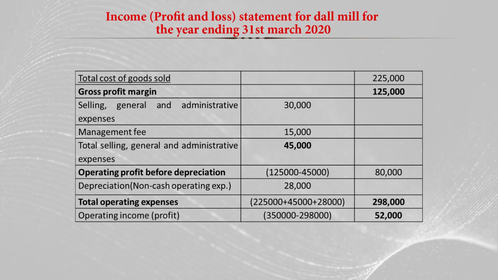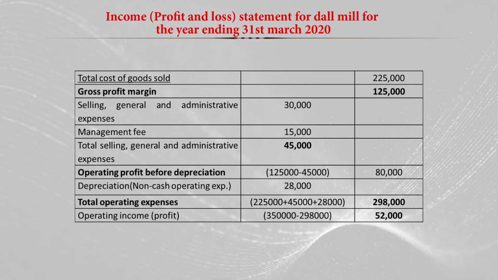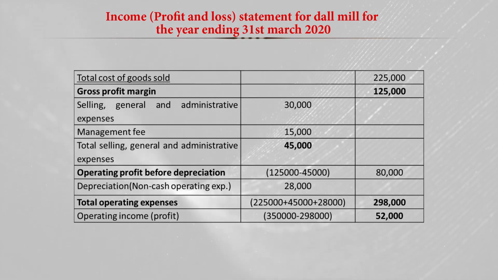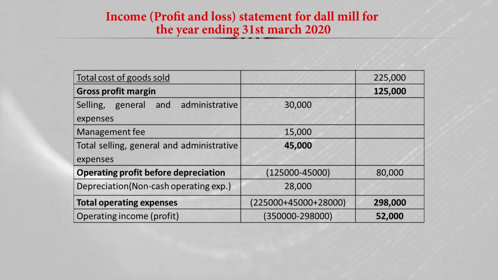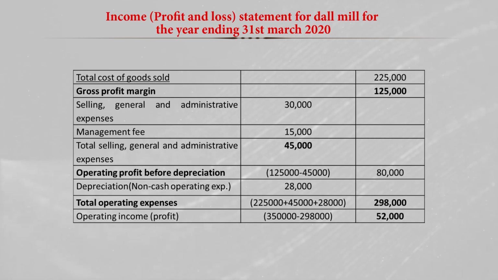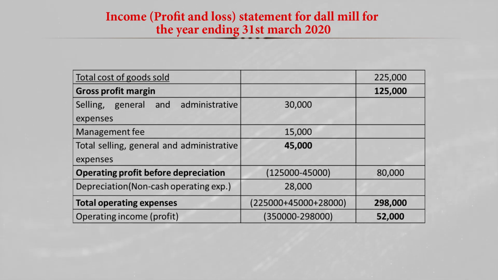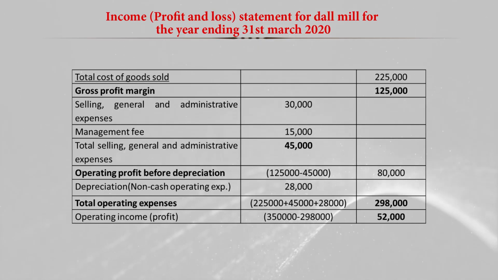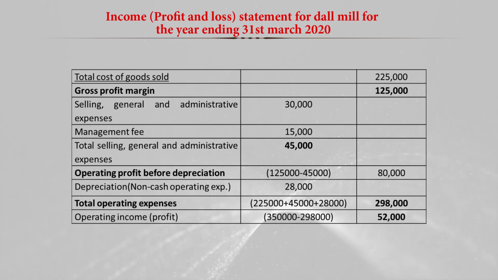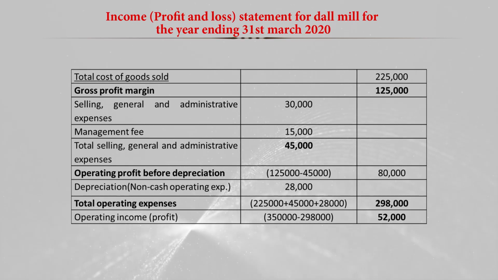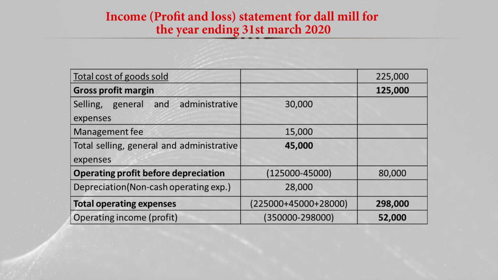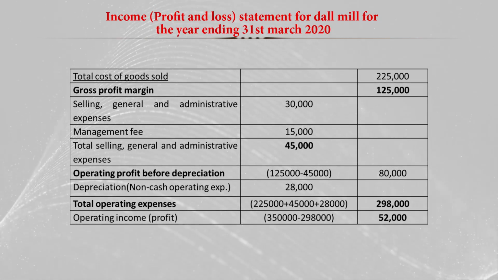And now for the other costs of selling the goods, like selling, general and administrative expenses, we have the selling cost of 30,000. Then there is a management fee of 15,000. So total selling, general and administrative cost is 45,000.